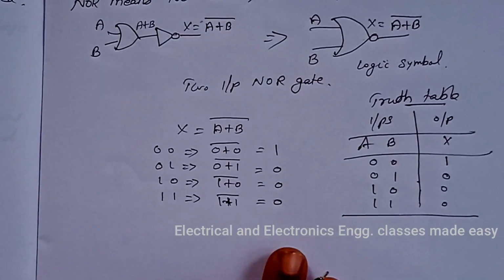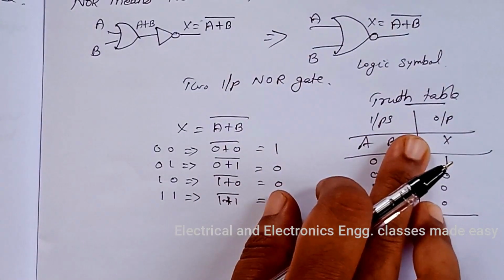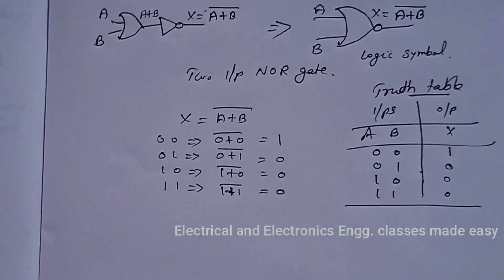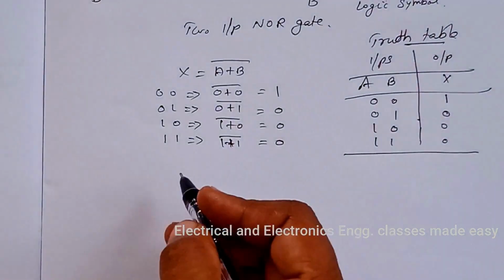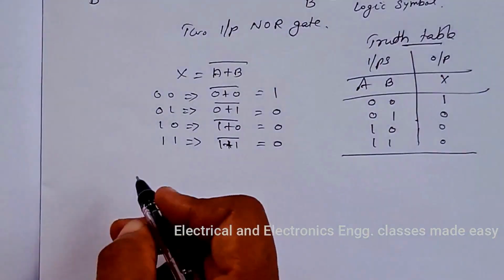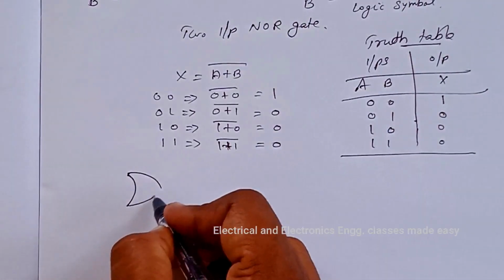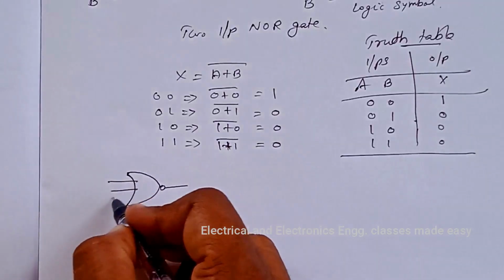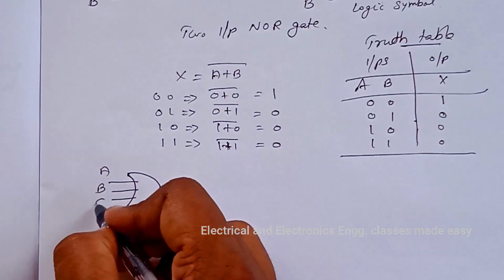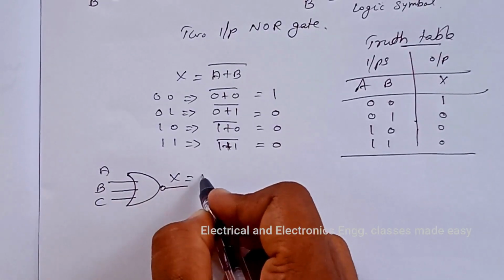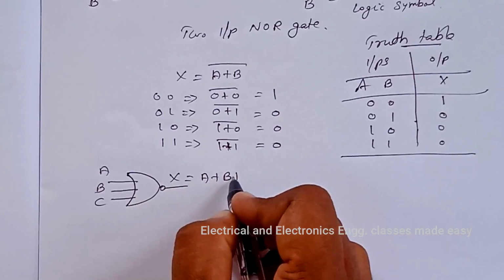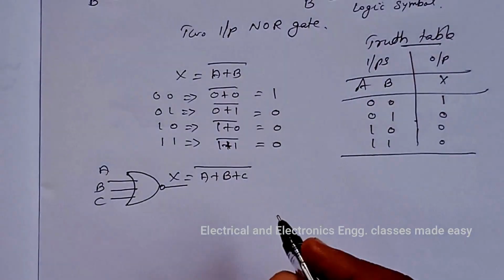So this is the case of 2 input NOR gate, and it is the same for the 3 input NOR gate. The symbol is like this, that is A, B, C, and the output is x is equal to A plus B plus C the whole bar.